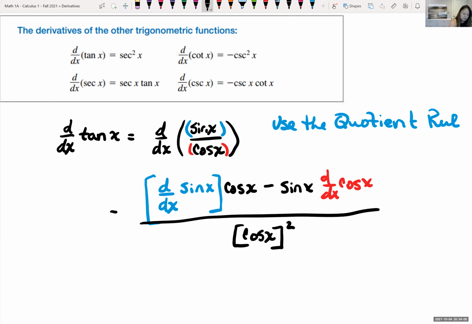Okay, so that's what the quotient rule says, and we just wrote it so that we were going to take the derivative of each of those pieces.